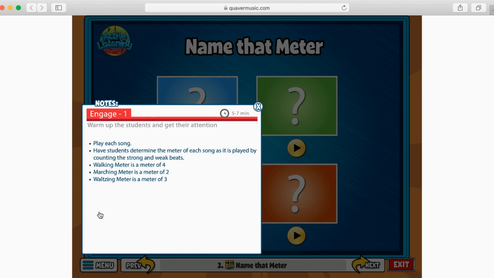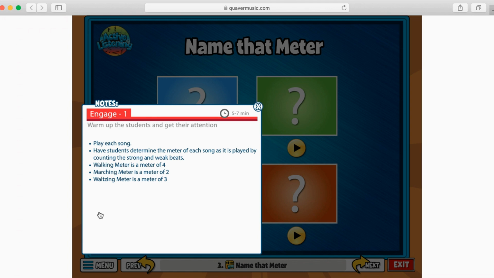Walking meter is a meter of 4. Marching meter is a meter of 2. And waltzing meter is a meter of 3. So, if your song sounds like 1, 2, 3, 4, 1, 2, 3, 4, that means you are in a walking meter, the meter of 4.